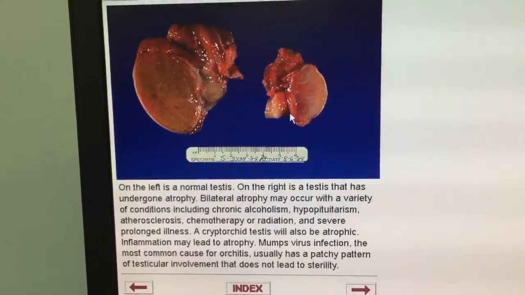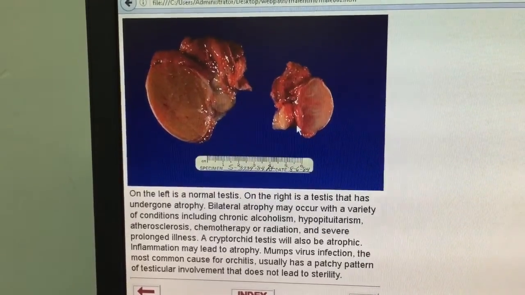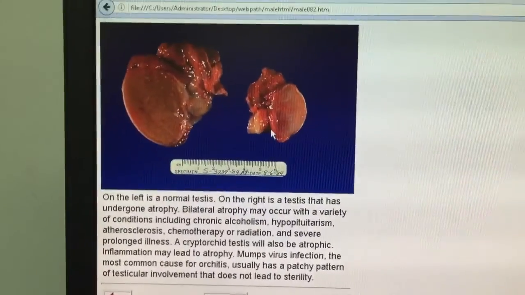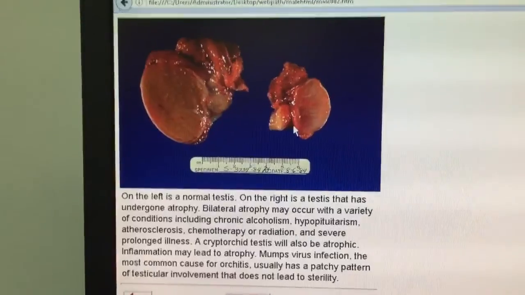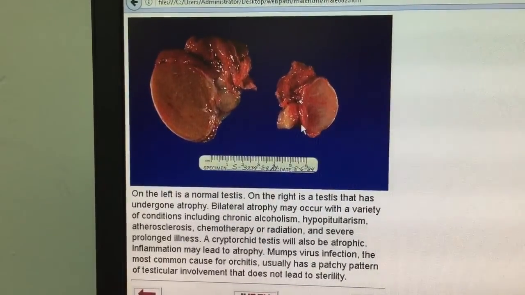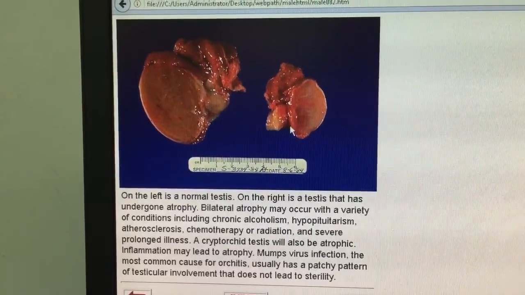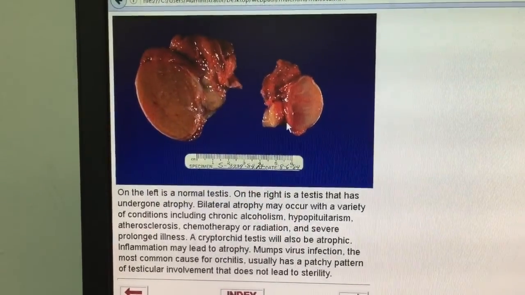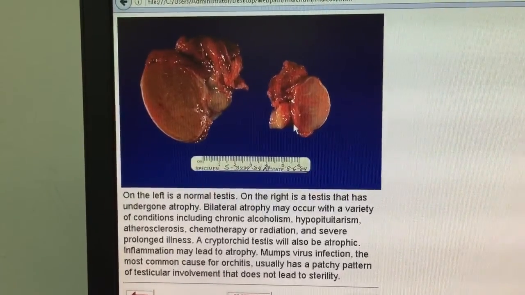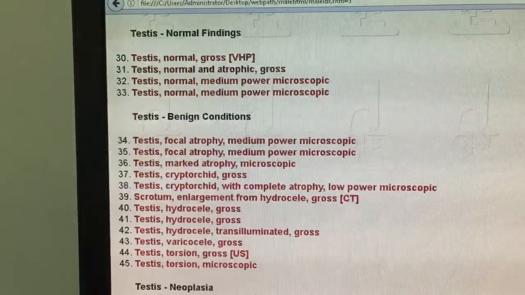Also, cryptorchidism, the undescended testis, will lead to an atrophic testis. Also infection of the testis, like in mumps, will cause atrophic testis. Ischemia also leads to atrophic testis, for example, in a person with testicular torsion that goes undiscovered for a long period.